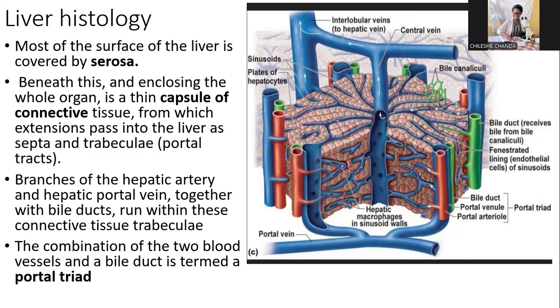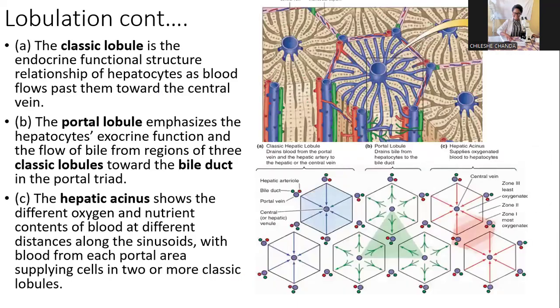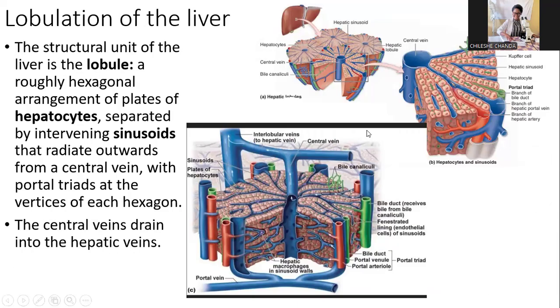Now, this connective tissue will send several trabeculae into the liver, and these trabeculae divide the liver into several portions. If you look at this picture, we have several portions which look hexagonal in nature.